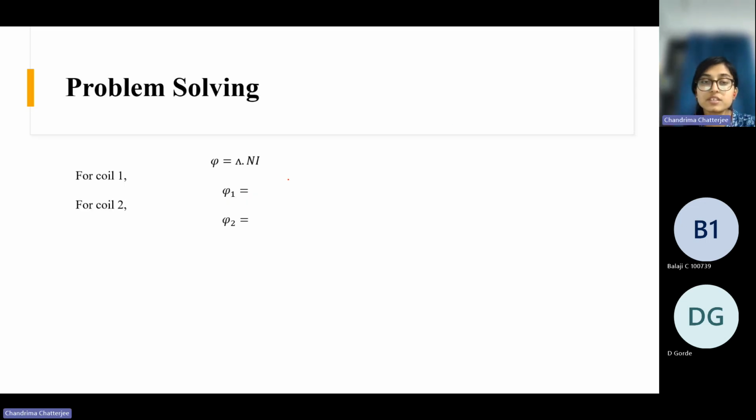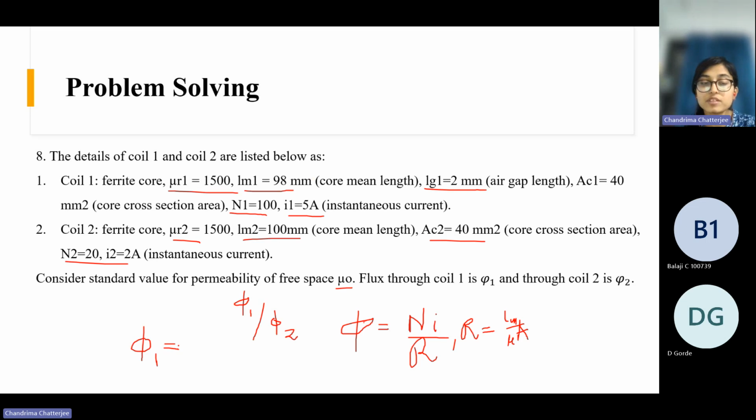You just calculate and tell me what phi 1 and phi 2 will be.